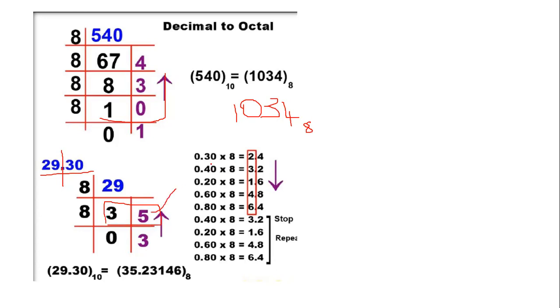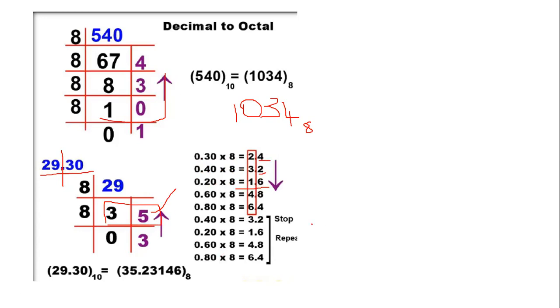Then come to this part, only 0.30. Take 0.30 into 8. You will get 2.4. Leave this 2 here itself, and take only 0.4 into 8. So you will get 3.2. Leave 3 here itself and take only 0.2 into 8, it is 1.6. If you do three decimal places, it's enough.